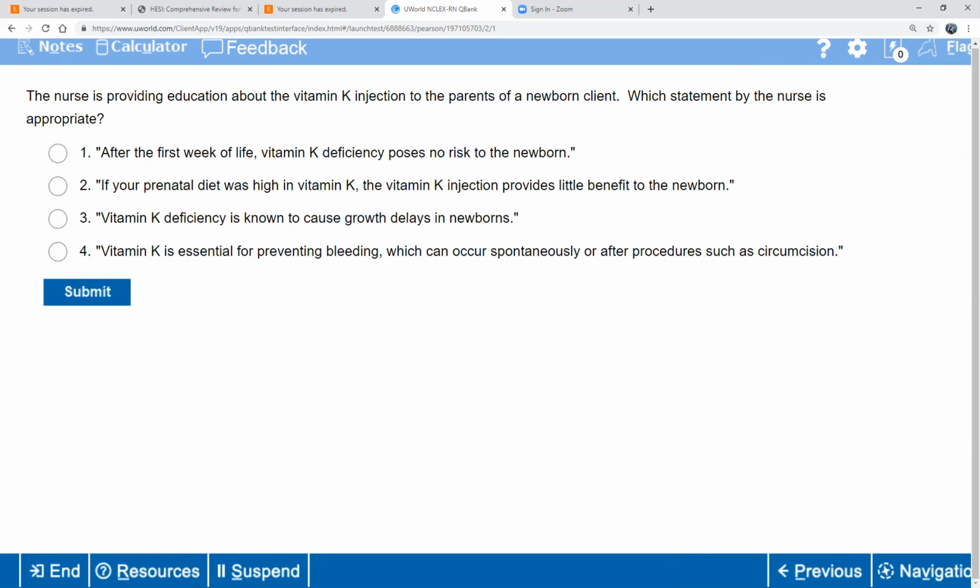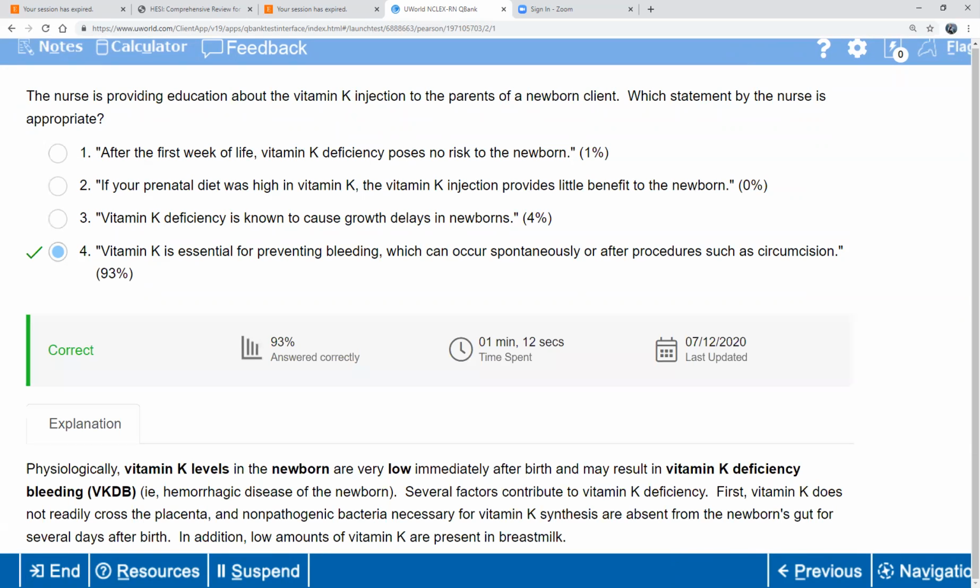No. Vitamin K deficiency is known to cause growth delays in newborns. No. Vitamin K is essential for preventing bleeding, which can occur spontaneously or after procedures such as circumcision. That one. 4. Yep. Okay, good.